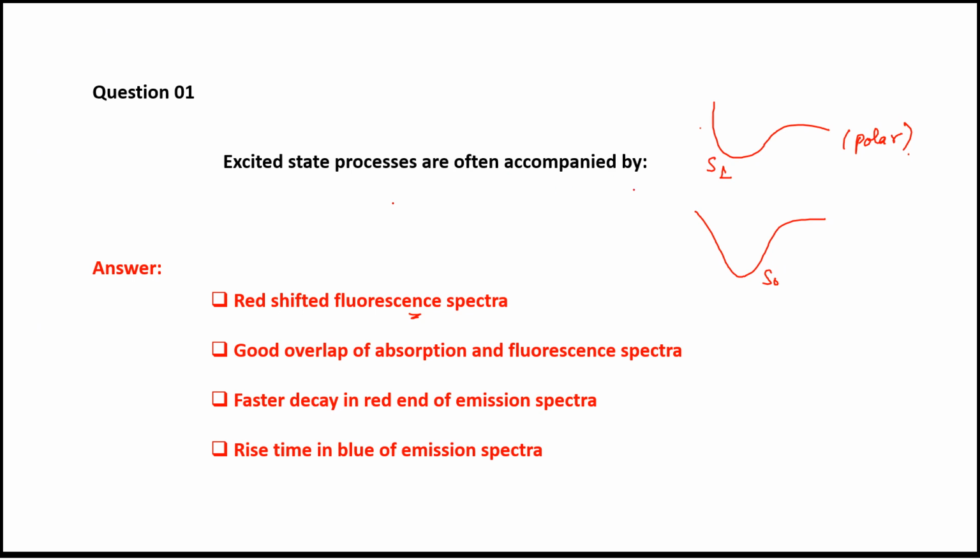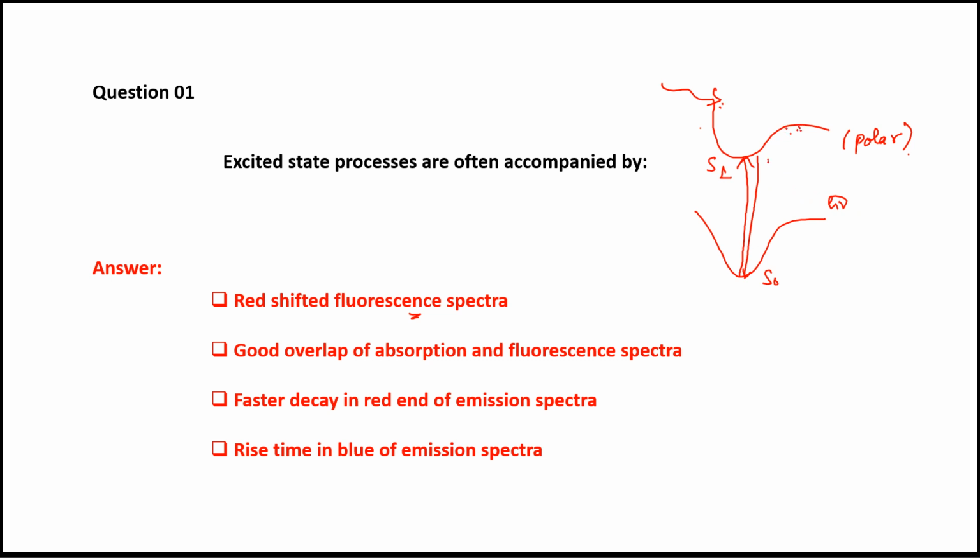Now when it goes from S0 to S1, it went through absorption. But from S1 to S0, it may return by emitting a certain amount of wavelength equal to h nu. Now, with respect to time, if we excite this polar state, then we can observe that the next emission has a different wavelength from the initial one, and is more redshifted.